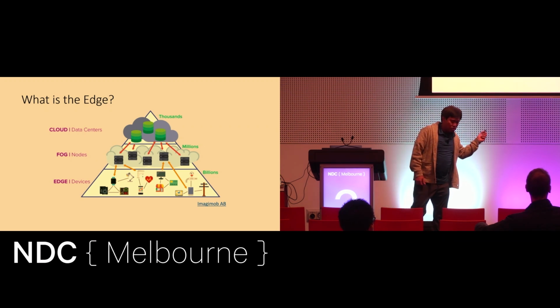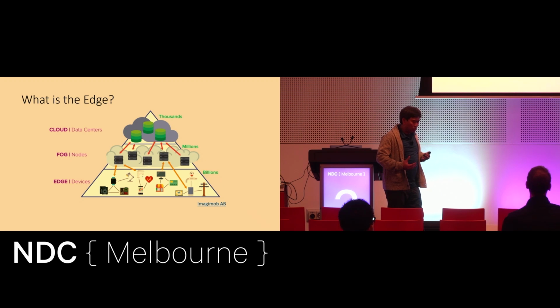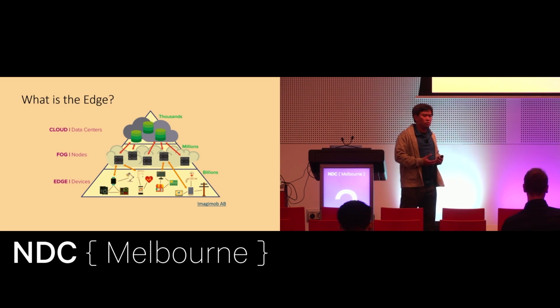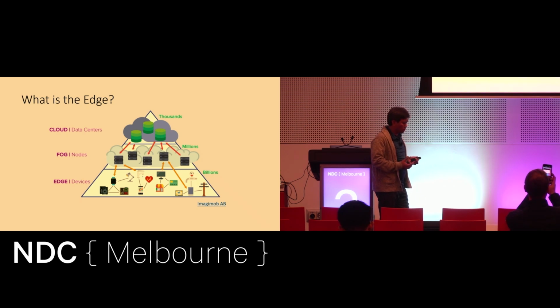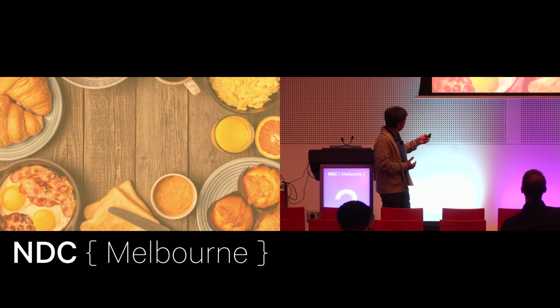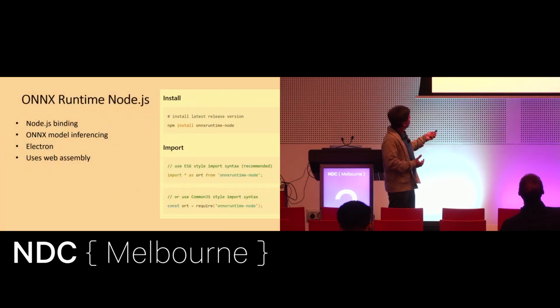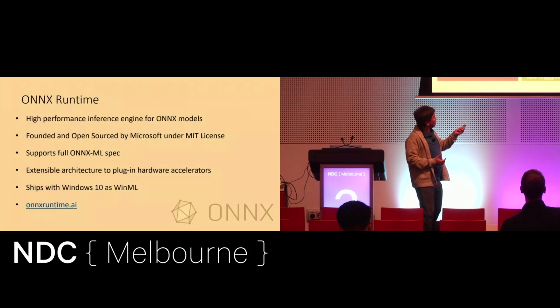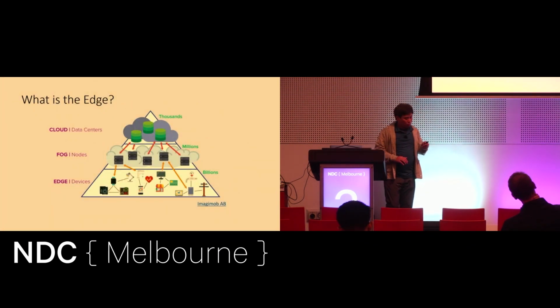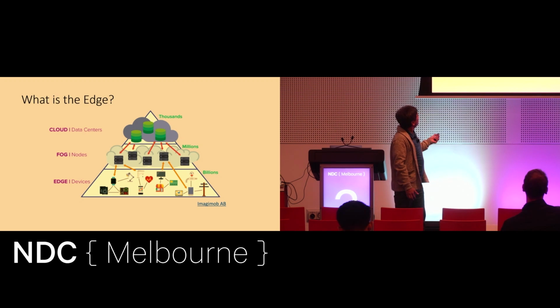I have this image because whenever you're deploying these models, we have these ONNX models. Now you have to think, if it's in the cloud, you're deploying to maybe different data centers, right?